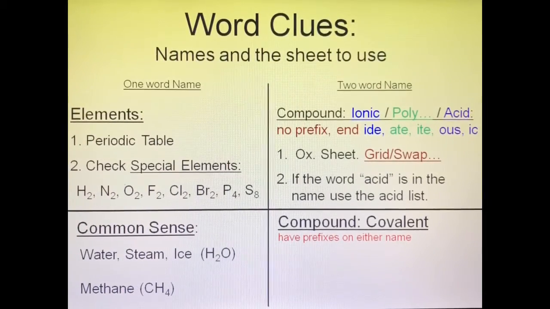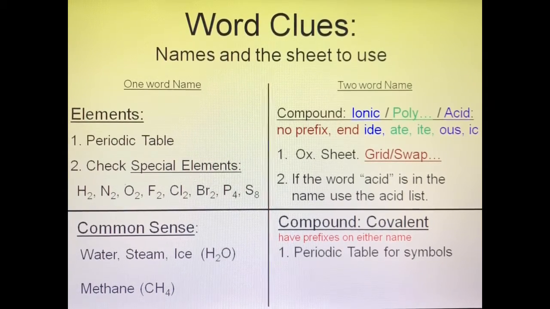If the name you're reading does have prefixes on either name, that could be a prefix on the first name or the second name, or sometimes both names, that puts the compound in the covalent category. Now for covalent compounds, we didn't use the oxidation sheet or look up ions to grid swap the formulas.